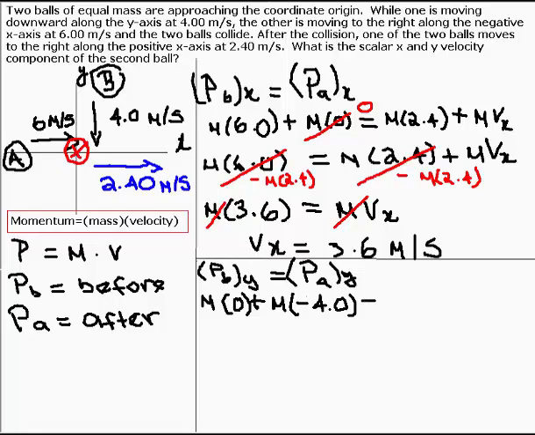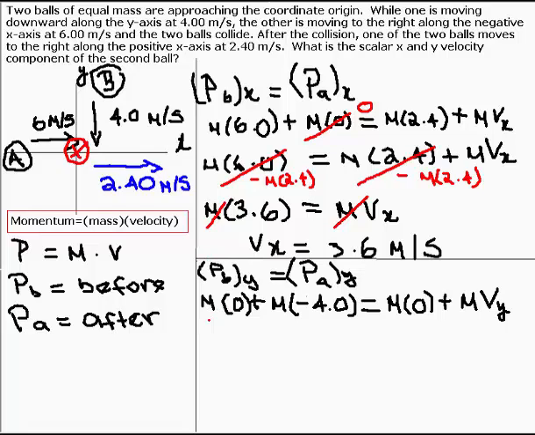Okay, so after the collision, we have the mass of the first ball with a 0 velocity plus the mass of the second ball with the velocity which we're trying to determine in the y direction.